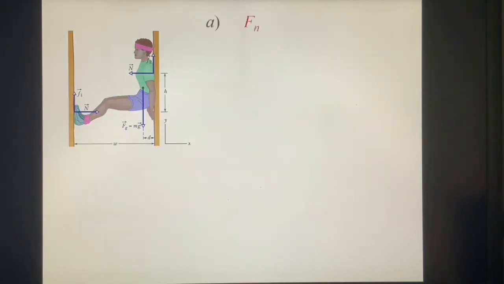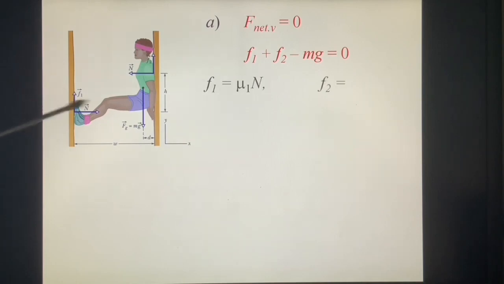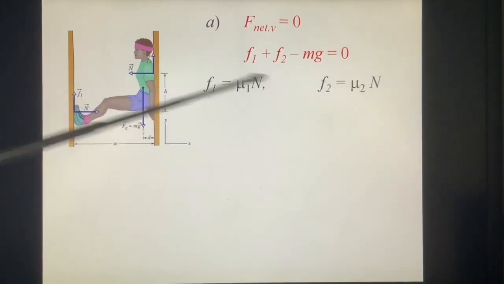See question A. How many forces act? We see the net force in y equals 0. The forces are F1, F2, and mg. And then F1 is mu1 N and F2 is mu2 N. These two forces are the same.